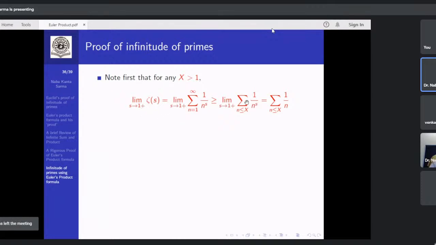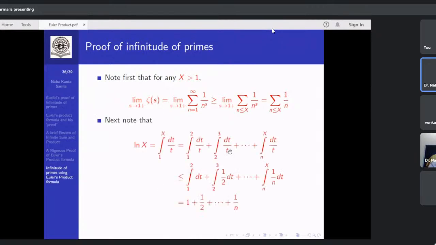And since this is a finite sum now, I can take the limit inside. So then it will become 1 by n. In an infinite series, I cannot take the limit inside here. But since this has become finite now, I can take it inside the summation sign to get 1 by n. So what I have got is that the limit as s tends to 1 plus of zeta s is greater than or equal to the sum of the harmonic series up to the x term.